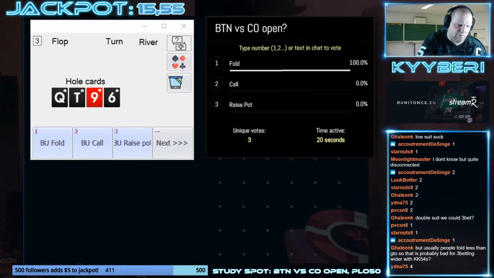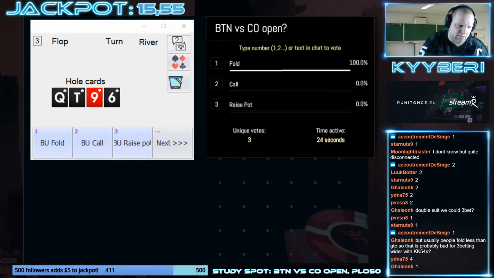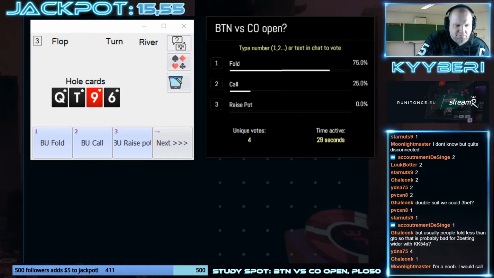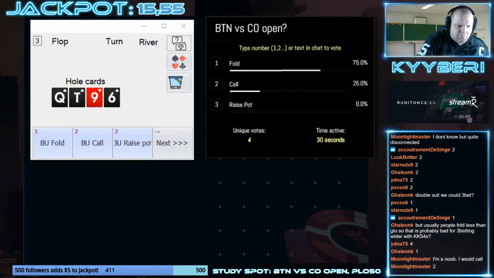But people fold less than GTO. They're probably bad for 3-betting wider. Well, the thing is that king 5-4 is a strong hand. I mean, yeah, no one folds to 3-bet on micros. That's the starting point. In solver strategy, you have fold equity with 3-bets. But when you go to PLO 10, PLO 20, on average, no one folds to 3-bet no matter what they have.